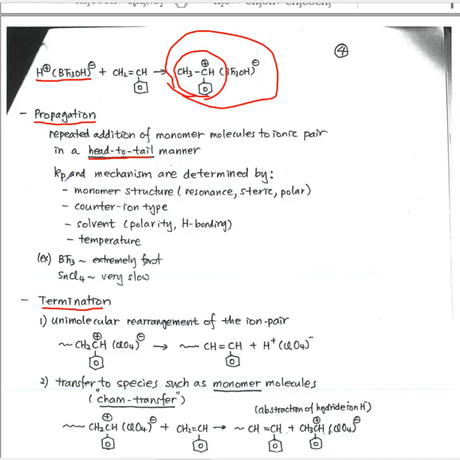The problem is, as I mentioned before, ionic polymerization is much more complicated. The propagation rate constant or mechanisms depend on many different factors, such as monomer structure, counter ion type, solvent polarity, temperature, etc. There is no general propagation mechanism.